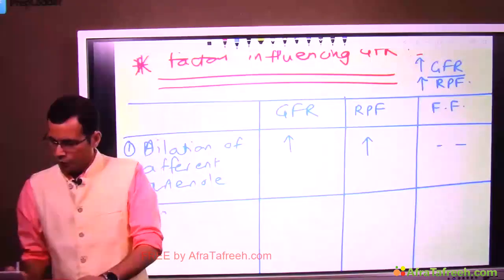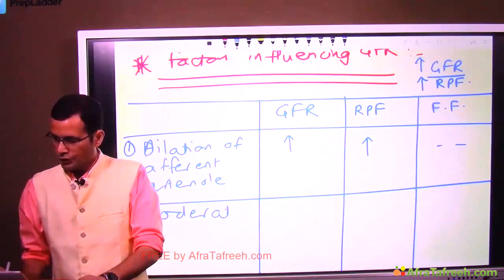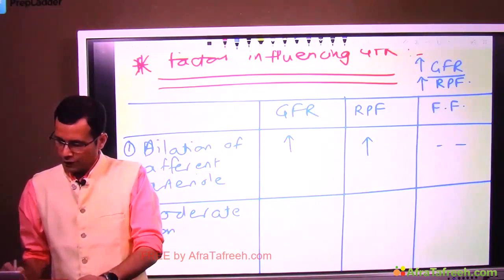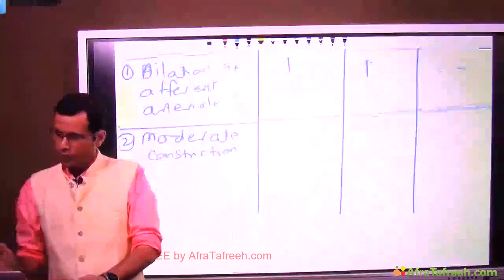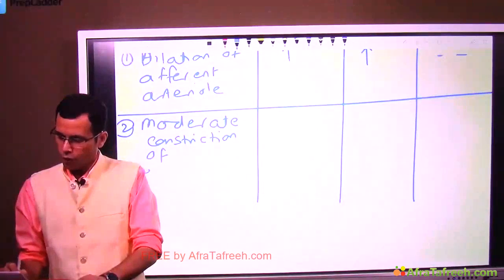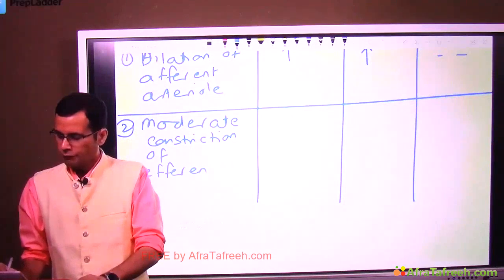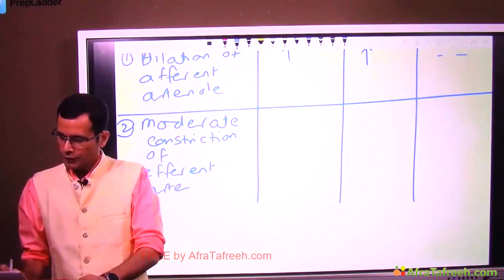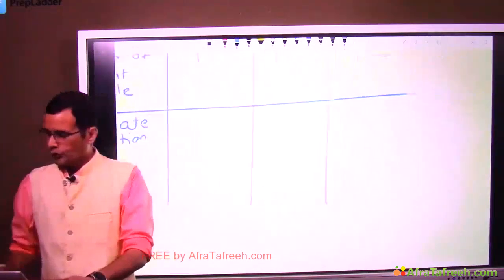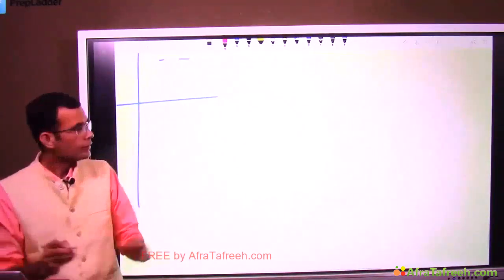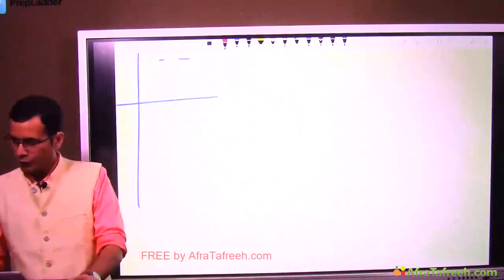Second, moderate constriction of the efferent arteriole. Just moderate constriction of the efferent arteriole. So let's have a diagram to visualize it.